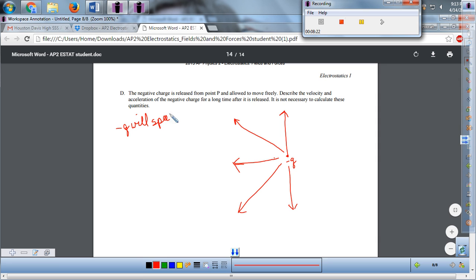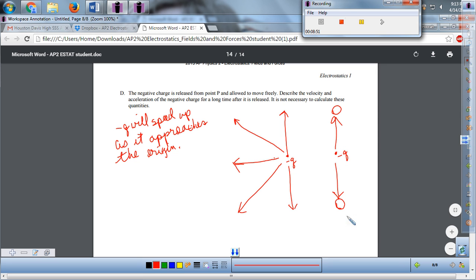Let's call it speed up as it approaches the origin. Now, once it gets to the origin, if you think about it, if this is the big Q, this is the big Q, and this is a little q, when it's at the origin, this is what happens.